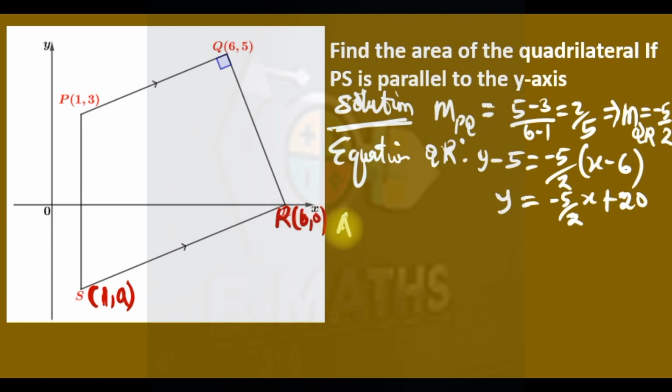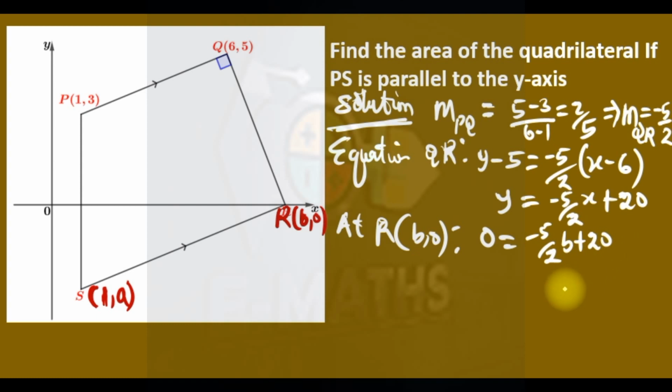At point R, which is b comma 0, substitute x as b and y as 0. So I have 0 is equal to minus 5 over 2 b plus 20, which implies that b will be 8.